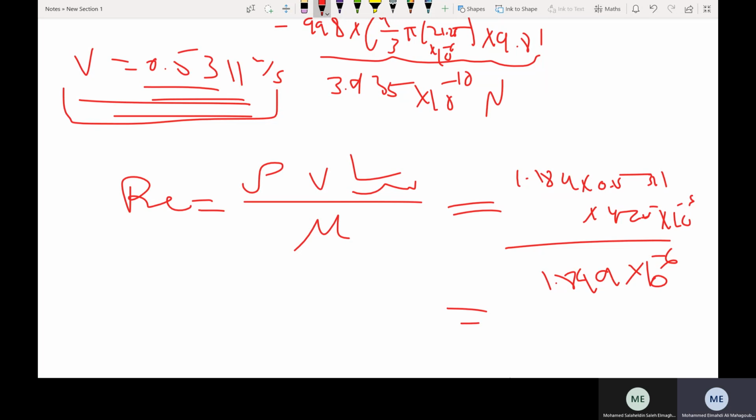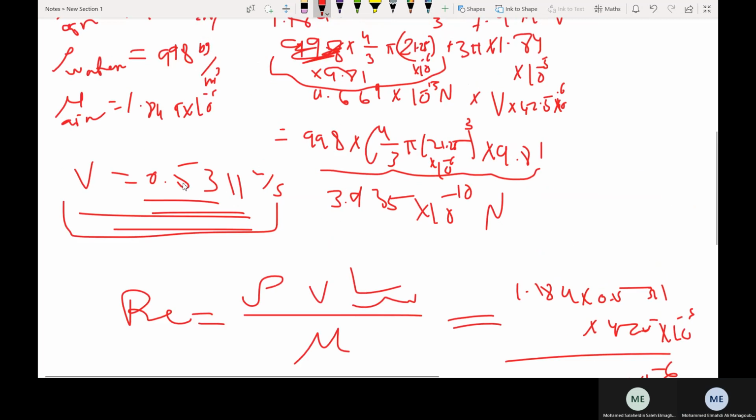The density is 1.184. The velocity is 0.053.